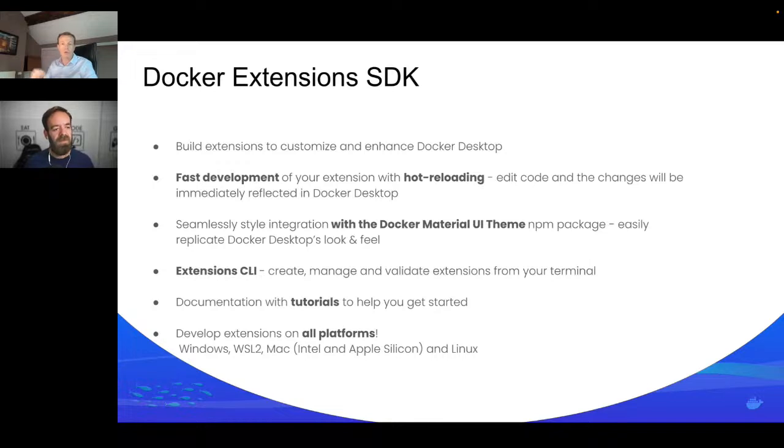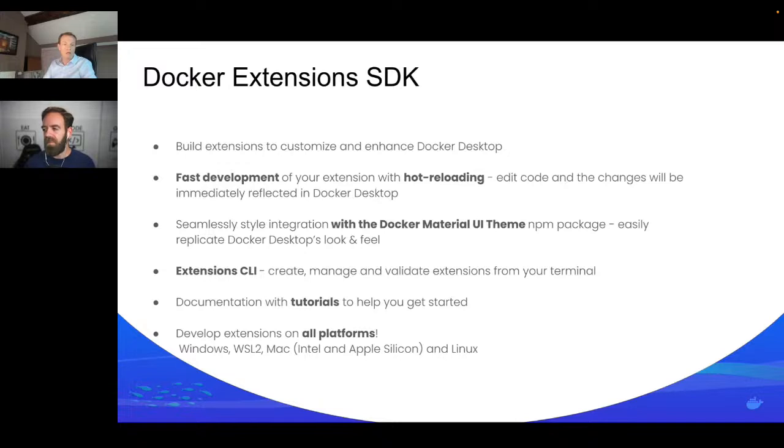You can, for example, hot reload your UI code and see the UI in Docker Desktop, live reloading your code as you edit it. We have a UI package to let you use the desktop theme in your own extension.